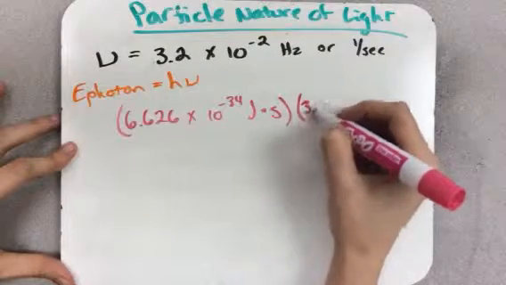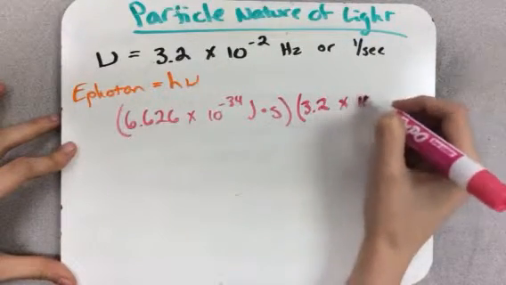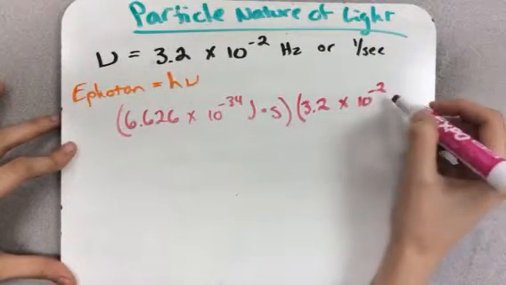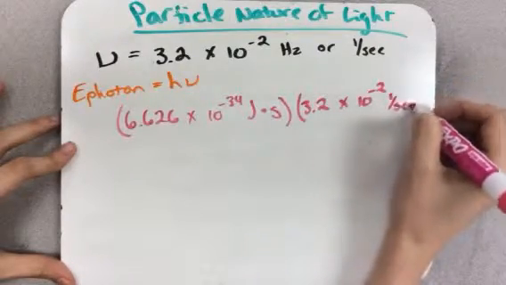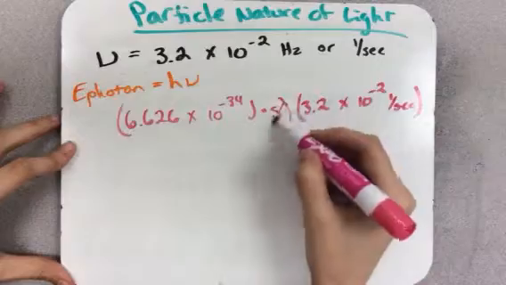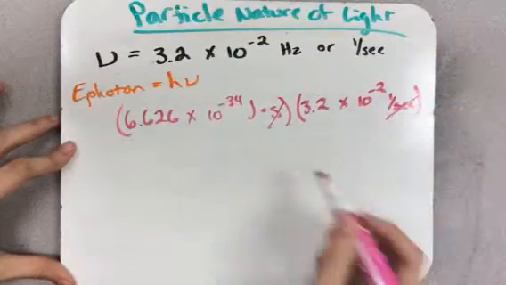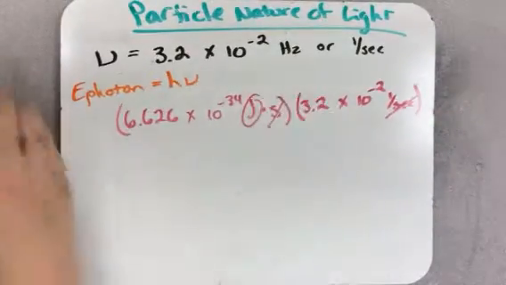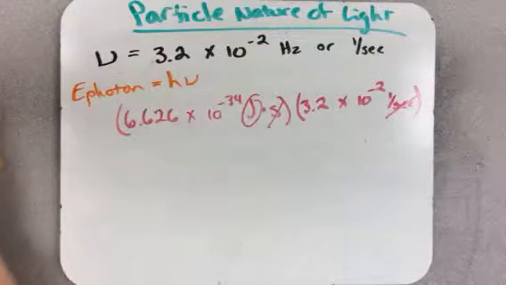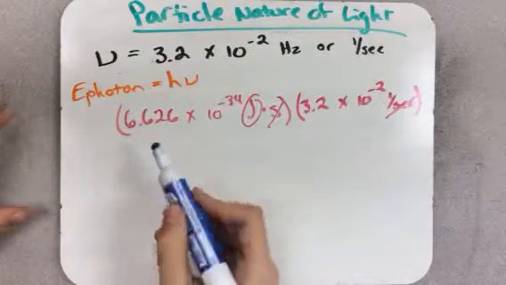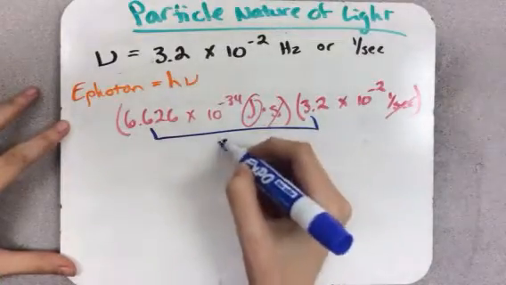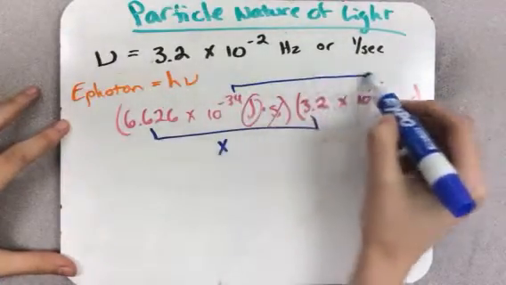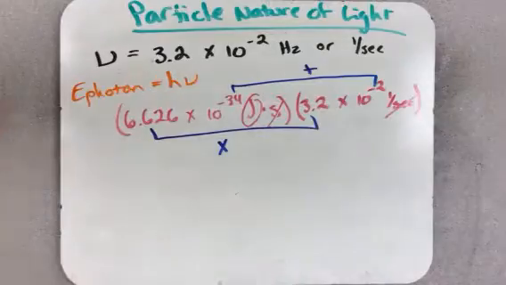Multiply that by 3.2 times 10 to the negative 2, and I'm going to write 1 over seconds. So now our seconds cancel out, which we already talked about, and our final unit is joules. And when we looked at multiplying with scientific notation, we said that these coefficients are going to be multiplied and these exponents are going to be added.